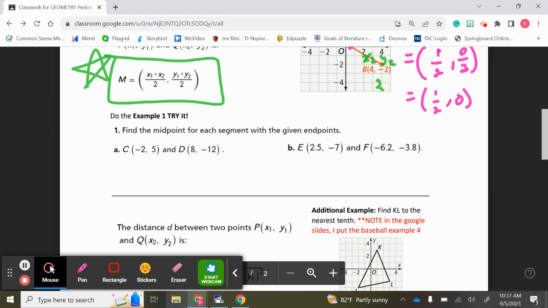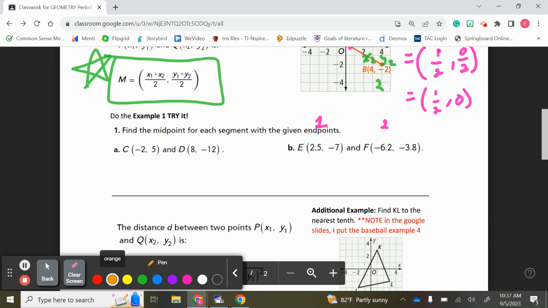All right. So again, I have to decide which is point 1, which is point 2. I'm going to state that E is going to be my point 1. F is going to be my point 2. That makes 2.5 x1, negative 7 y1.